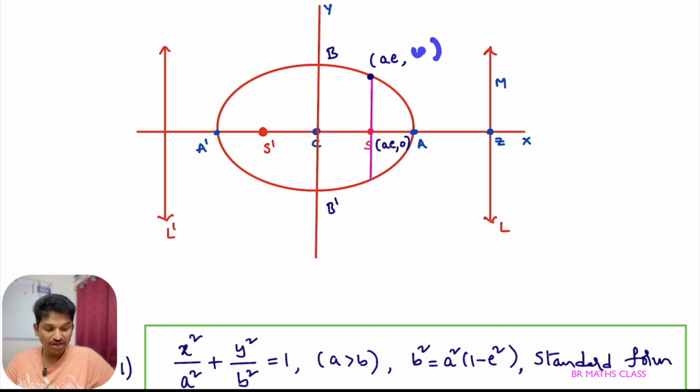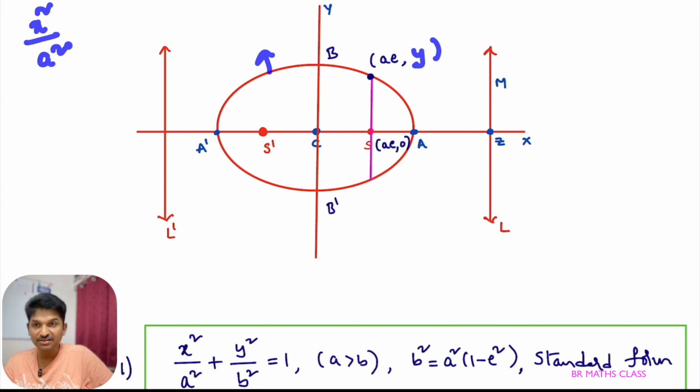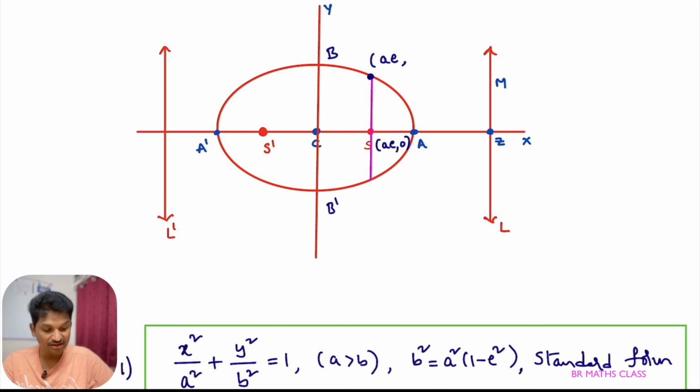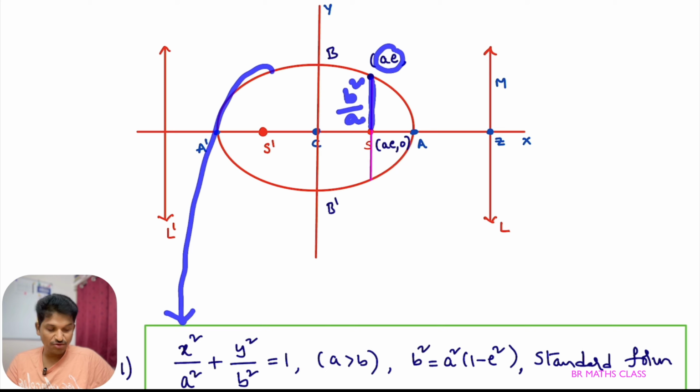Here, as this point has x and y values, what is the equation of this ellipse? The equation is x square by a square plus y square by b square equal to 1. In this equation, in place of x, if you write AE, you will get y. You will get this y as b square by a. I'm not deriving this, but if you substitute this x value in the standard form of the equation of the ellipse, you will get the y value as b square by a.